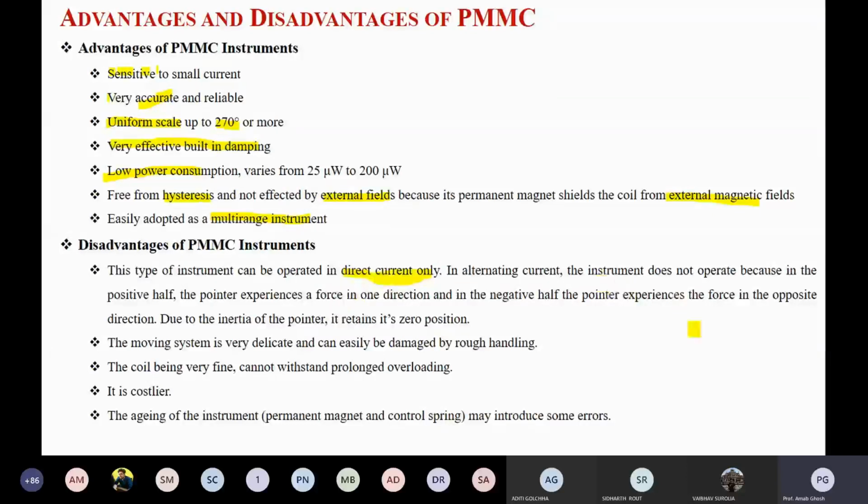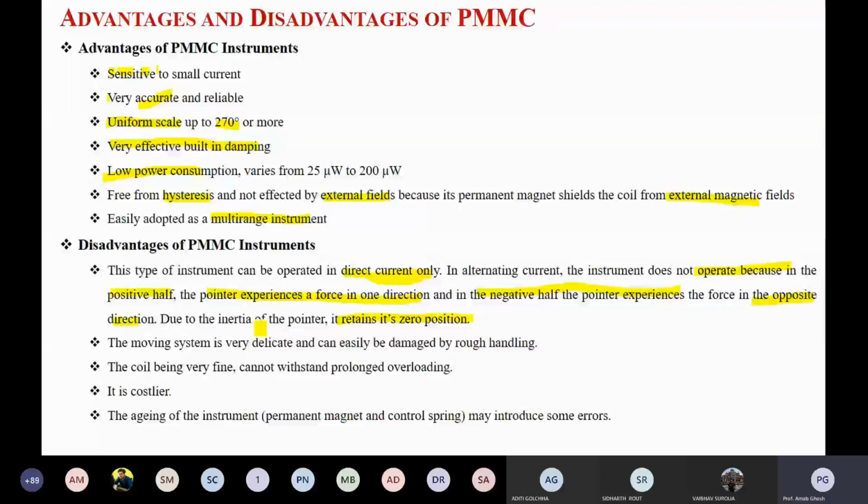In alternating current the instrument does not operate because in the positive half the pointer experiences a force in one direction and in the negative half it experiences the force from the opposite direction. Due to the inertia of the pointer, the resultant is retained at the zero position, so the average displacement is zero.